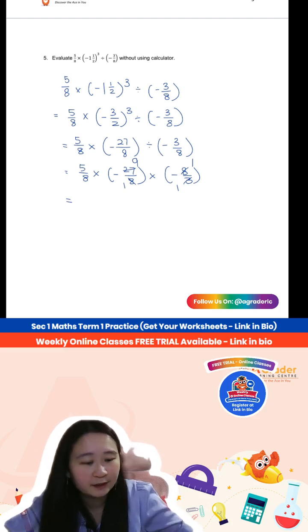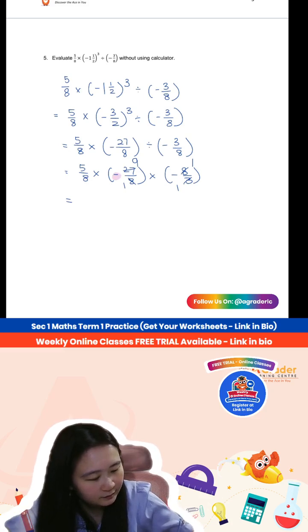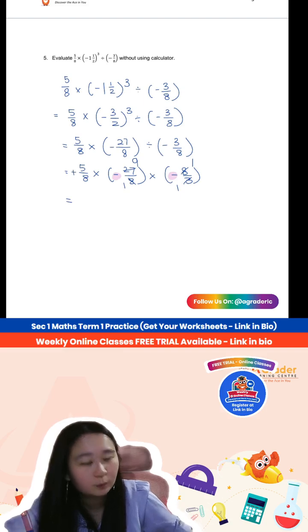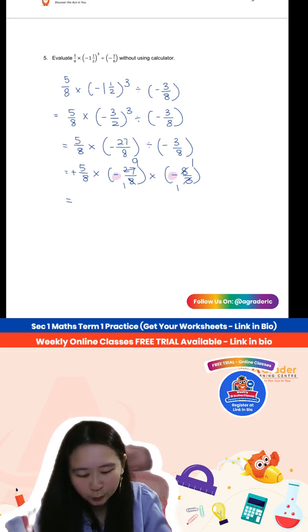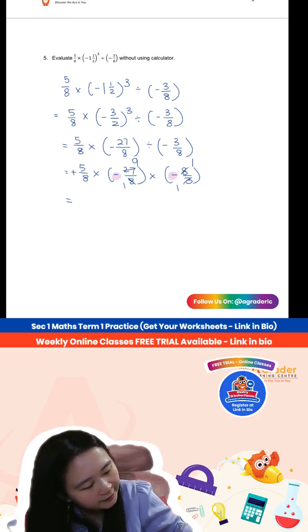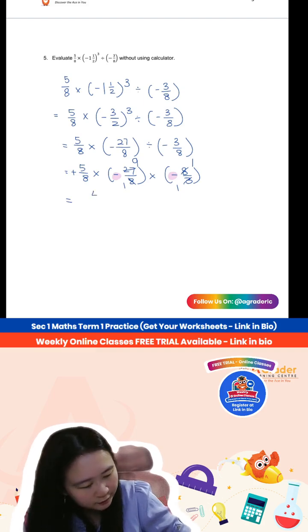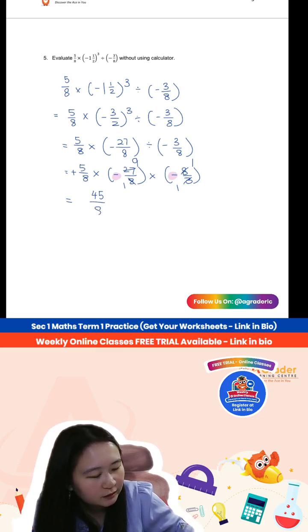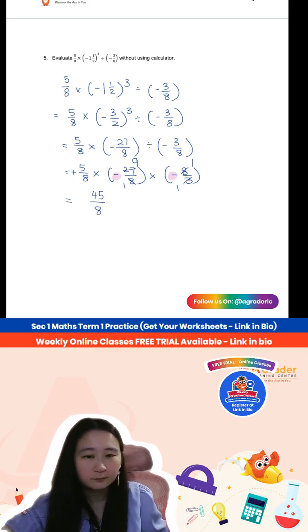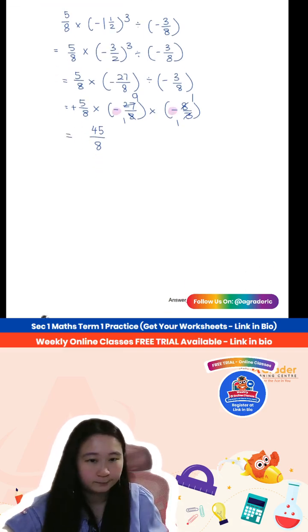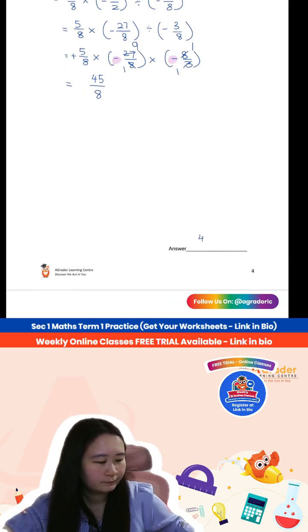We have negative times negative, which is positive, and the first one is also positive, so your final answer should be a positive number. We have 5 times 9 in the numerator, which is 45. The denominator will be 8 times 1 times 1, so it's just 8. So the answer is 45 over 8.